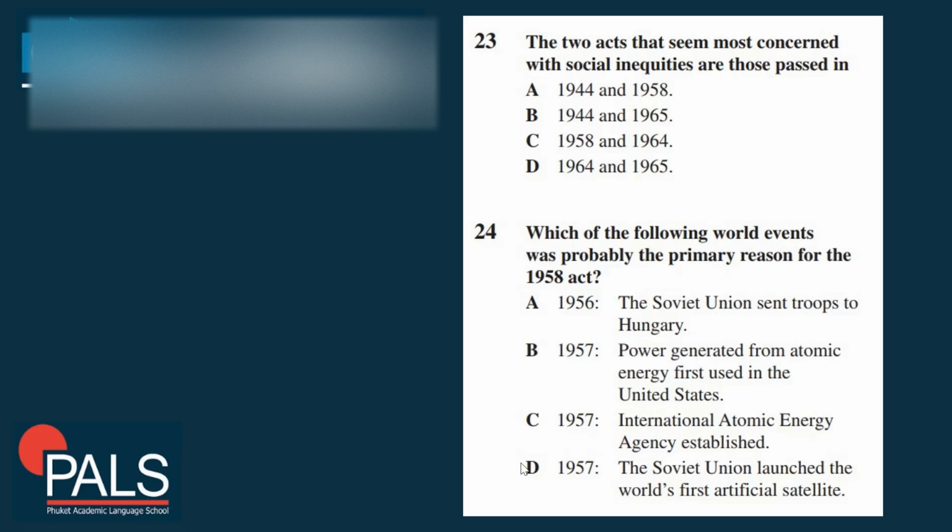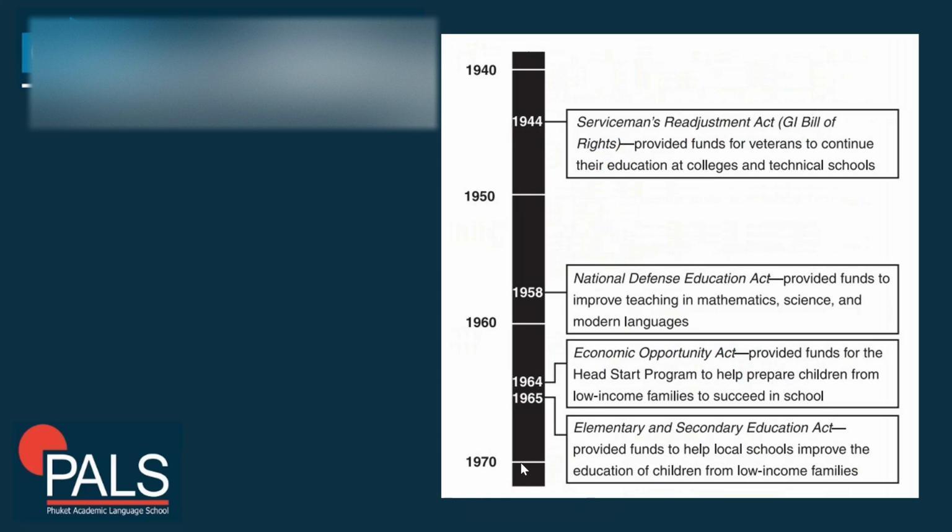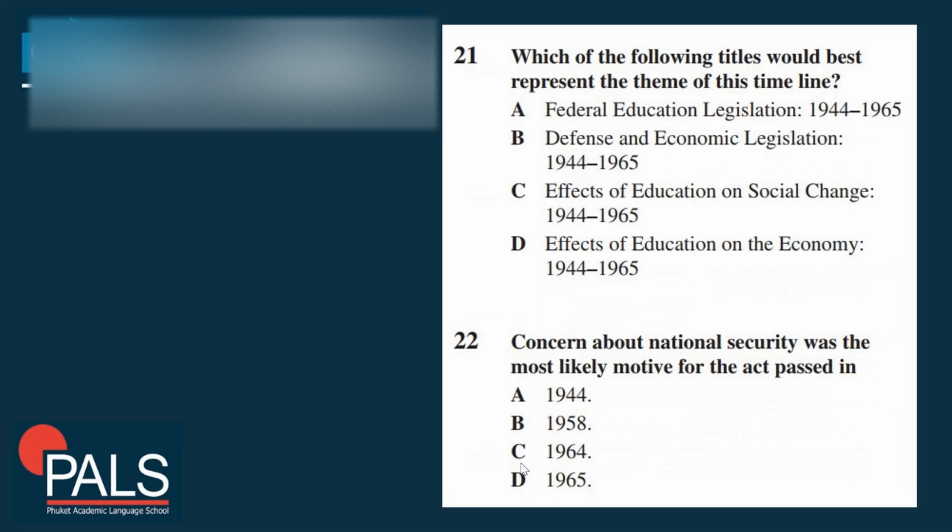The answer for this question is D, 1964 and 1965. Have a look. The Economic Opportunity Act is helping out low-income families to succeed in school. And the Elementary School Education Act provided funds for the education of children from low-income families.